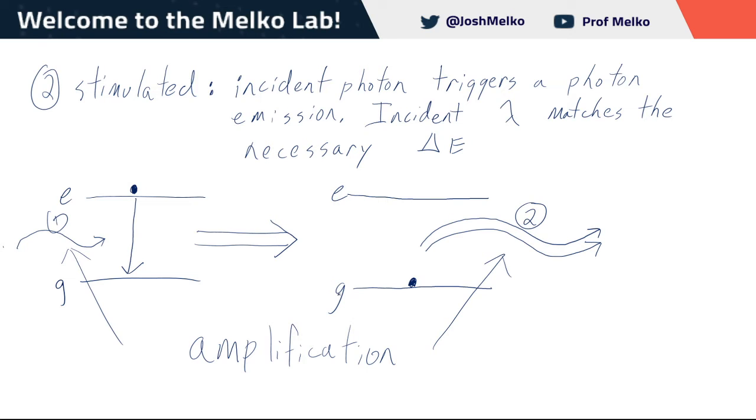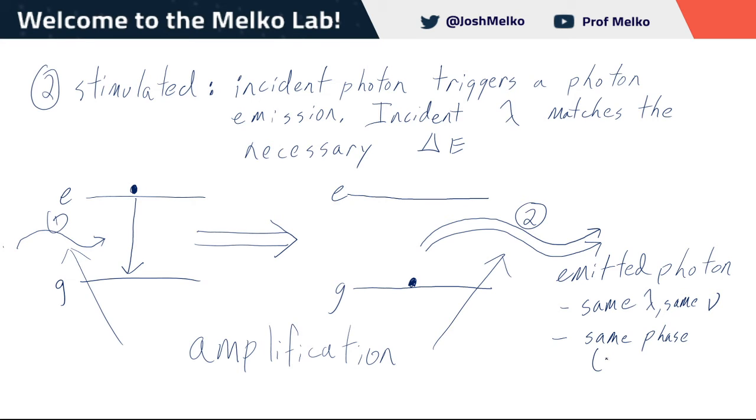Importantly, right, the emitted photon has the following property. It's the same wavelength, right? Same frequency, whichever you want to refer to, E equals h nu, or E equals hc over lambda, but it's the same energy photon that's coming out. It's going to have the same phase as well. Okay, and for that same phase, well, we call that coherent.